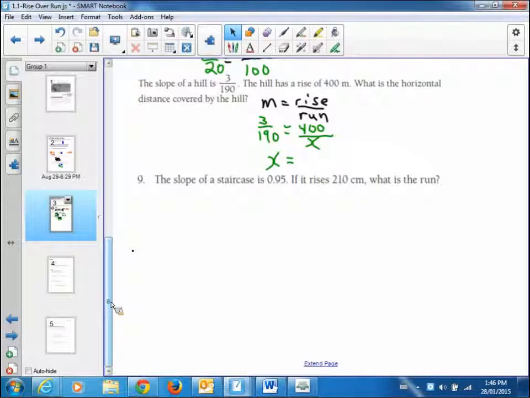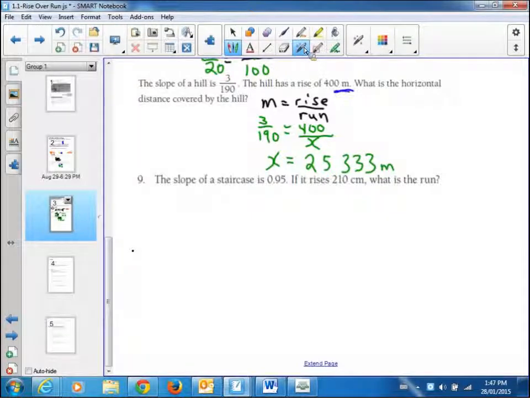Write that down. Trust yourself. You're a smart kid. 25,333 meters. Okay, how do I know meters? Because that was given in the problem here. The hill's rise is 400 meters, so this would be in meters.